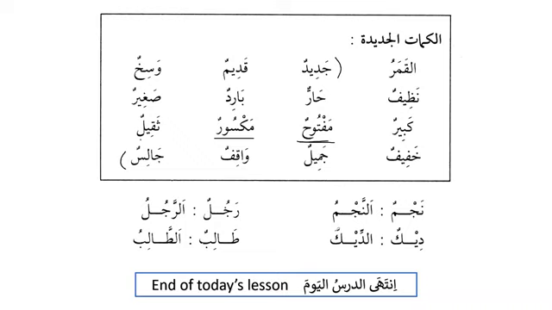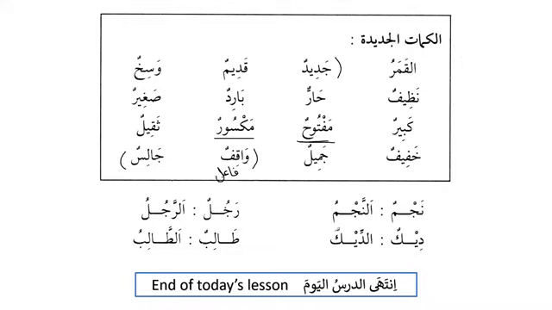Thaqilun means heavy. Khafifun means light. Jamilun, beautiful. Waqifun and jalisun, standing, and then sitting. This pattern, as you can see, waqifun and jalisun, fa'ilun, is opposite to the pattern that I told you before. So you have two patterns here.